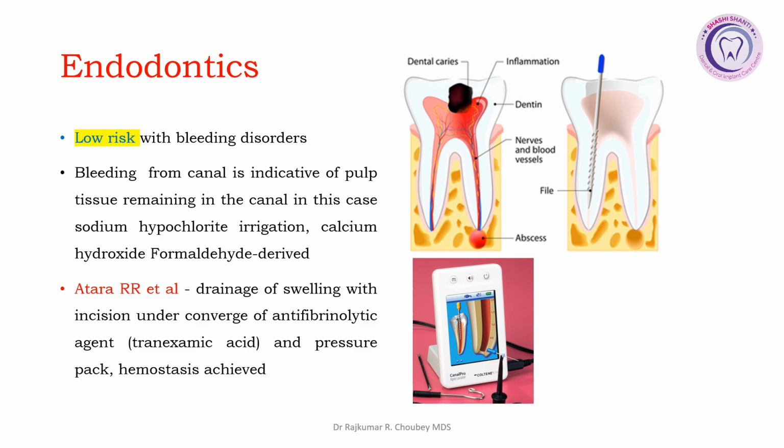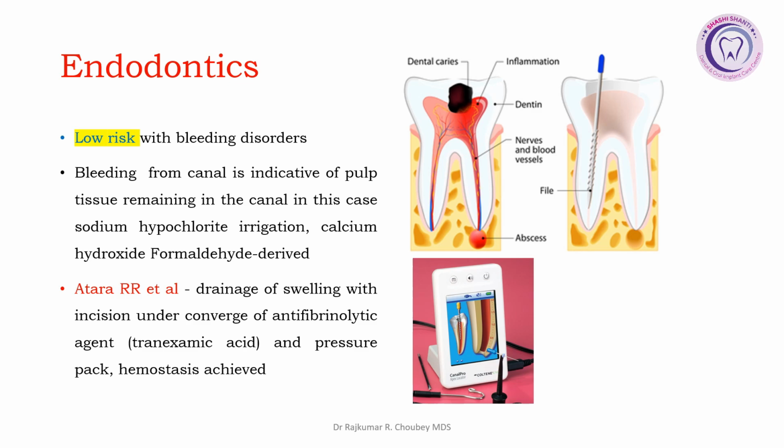Like in endodontics, we do RCT and save the tooth. In endodontics, there is a low risk of bleeding because we work in the root canal, and the file should not go beyond the root or beyond the bone.